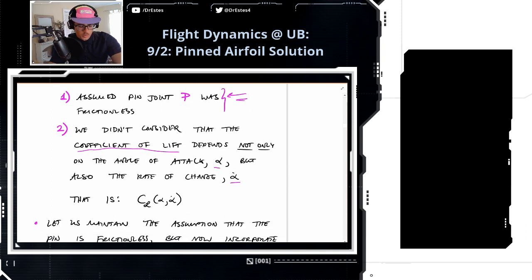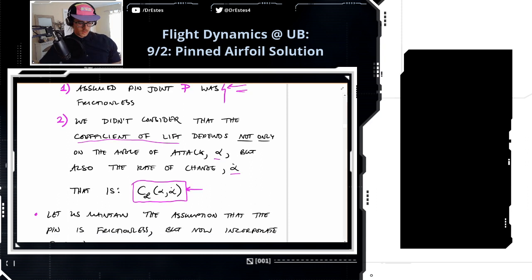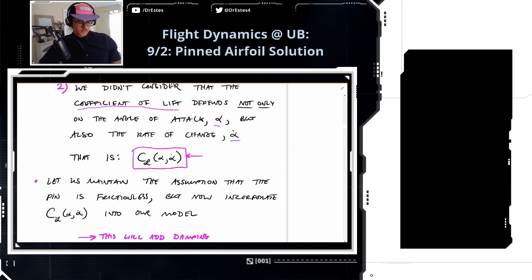So when we're doing our linearization, we have to consider that this coefficient of lift is not just a function of alpha, it's also a function of the rate.